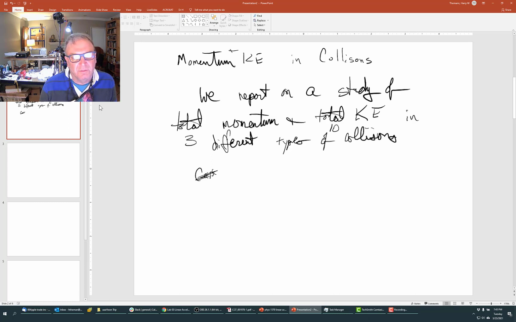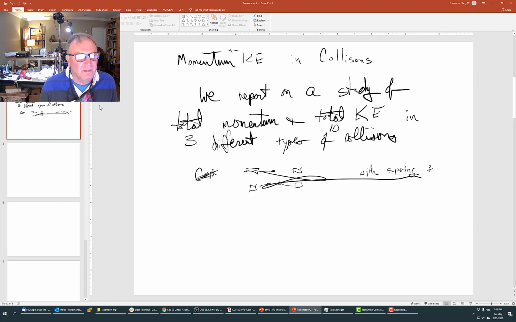We had 1 object moving, 1 object at rest, both objects moving. I kind of think we could have done different types. And we did it with a spring bumper. Let's just get that for now. Okay.